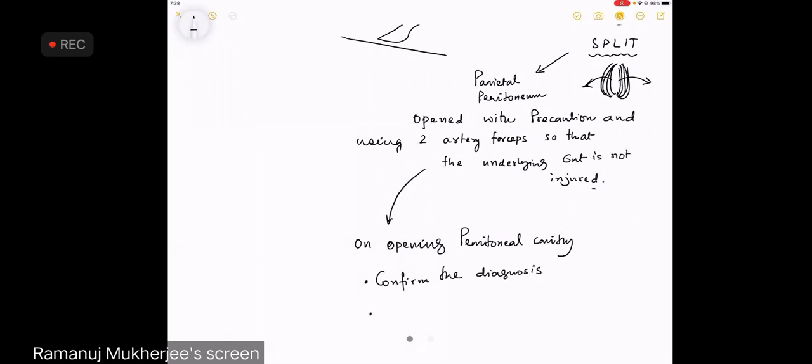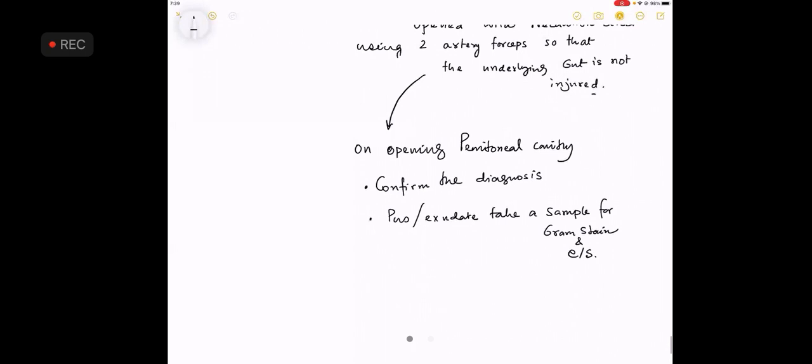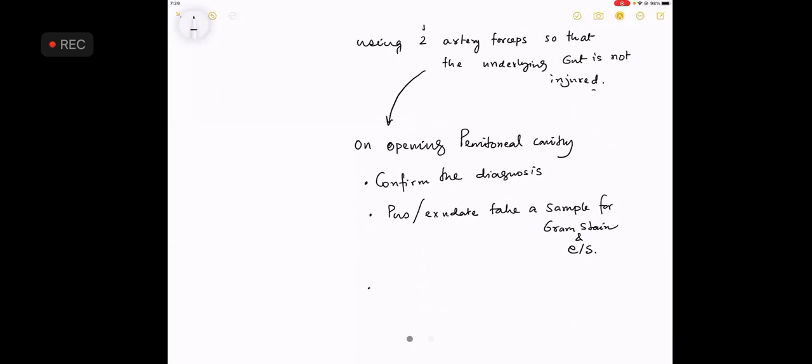Number two, if there is any pus or exudate, take a sample for gram stain and culture sensitivity. Last point, find the cecum or locate the cecum.